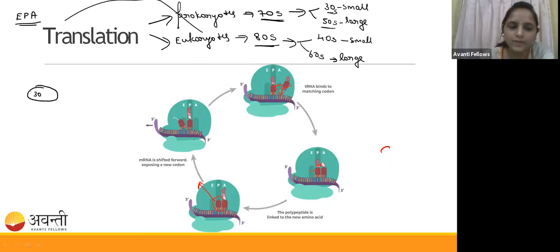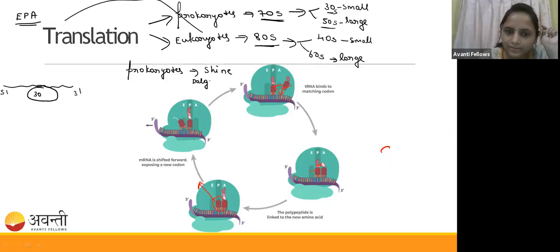Now what will happen during the translation? The mRNA is going to bind to the 30S subunit. When the mRNA binds to this 30S subunit, first the tRNA is going to bind this mRNA. In the prokaryotes, the sequence where the translation starts is the Shine-Dalgarno sequence.